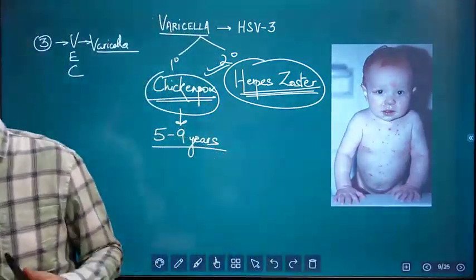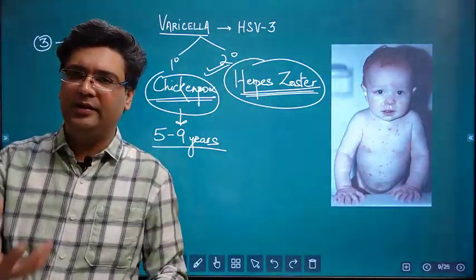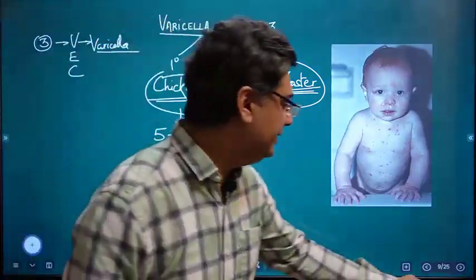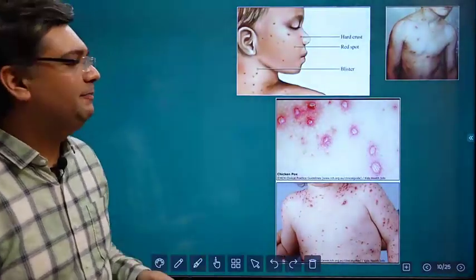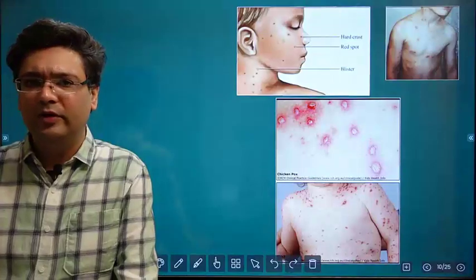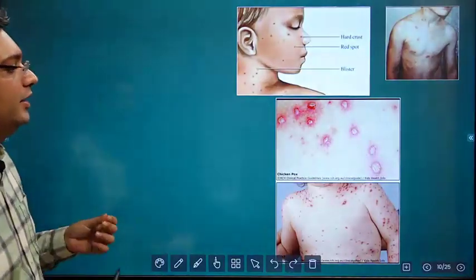It spreads from the truncal areas to the extremities and then to the face. These lesions travel rapidly, and with them you would associate erythema, vesicle, pustule and a hardened crust as well.